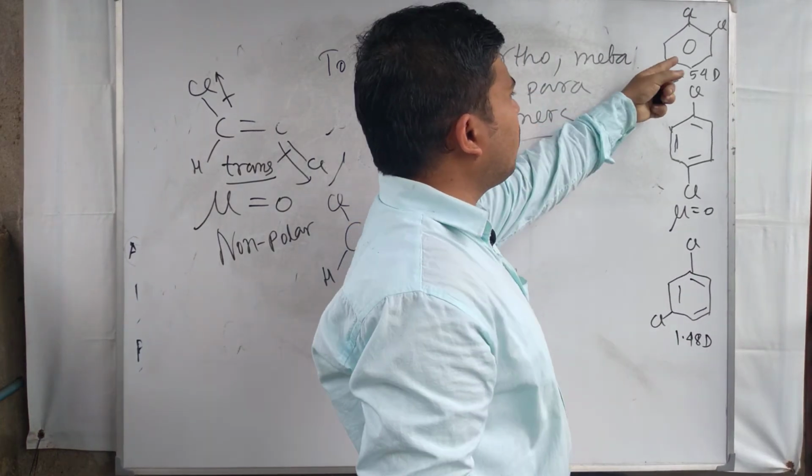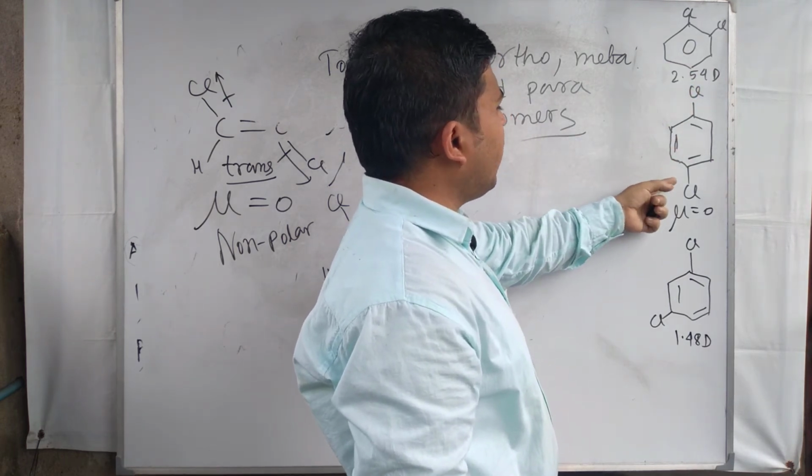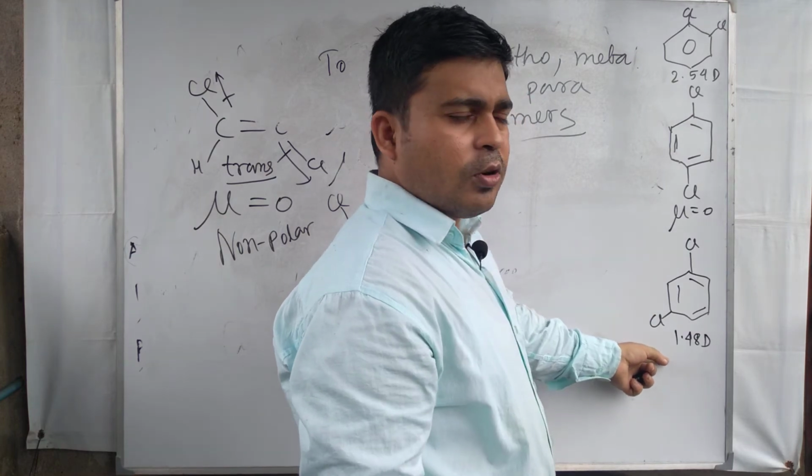Look at these three molecules. This is ortho dichlorobenzene, this is para dichlorobenzene, this is meta dichlorobenzene.